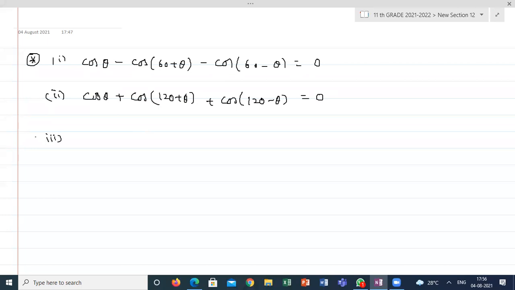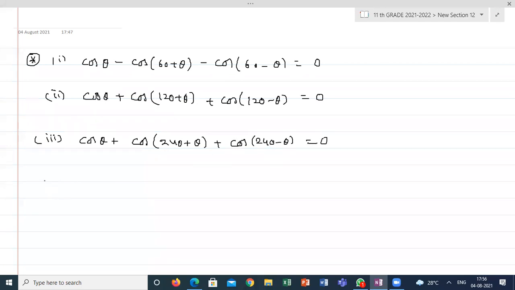Third one: cos theta plus cos(240 plus theta) plus cos(240 minus theta). This is also 0.